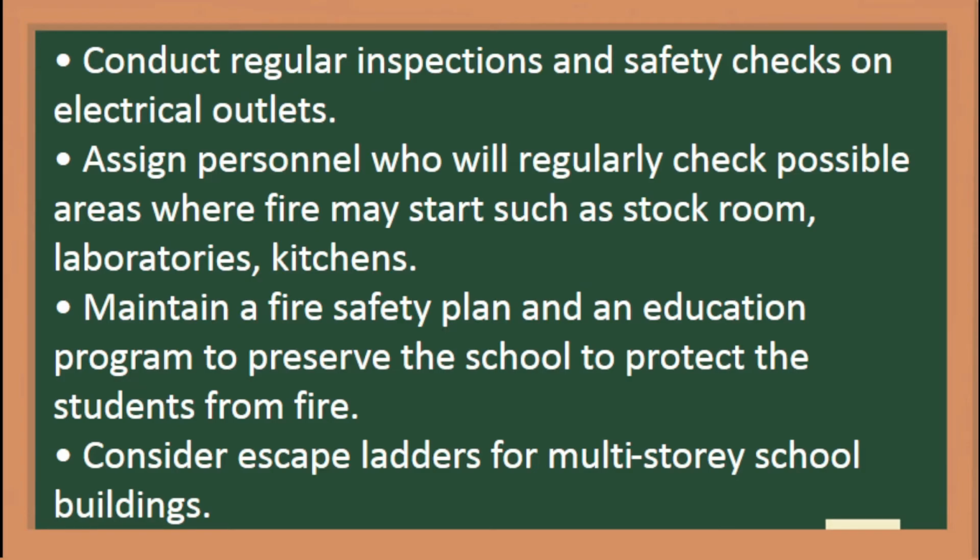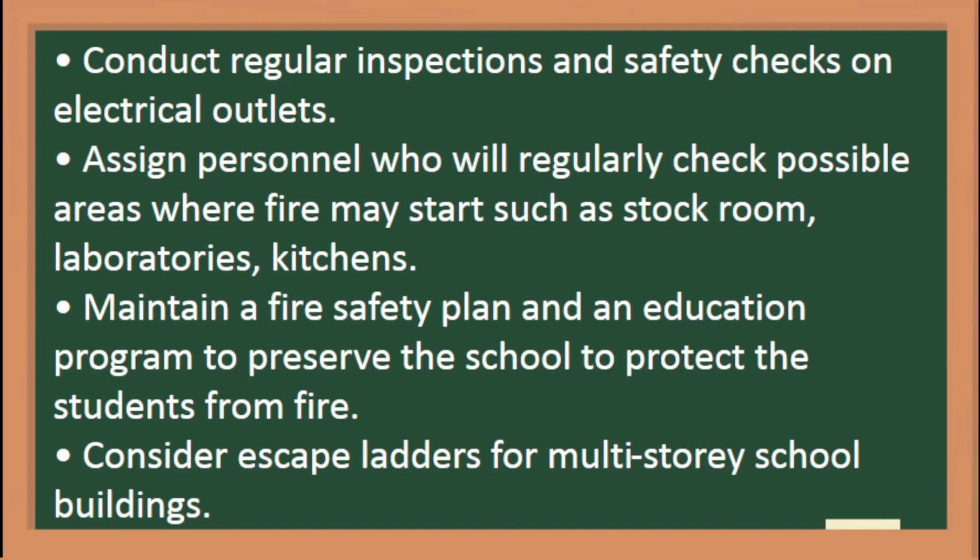Next, conduct regular inspections and safety checks on electrical outlets. Another one, assign personnel who will regularly check possible areas where fire may start, such as stock room, laboratories, and kitchens.